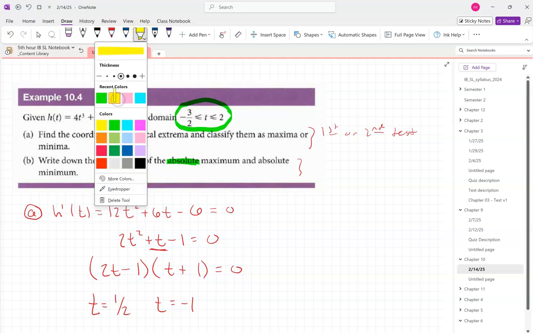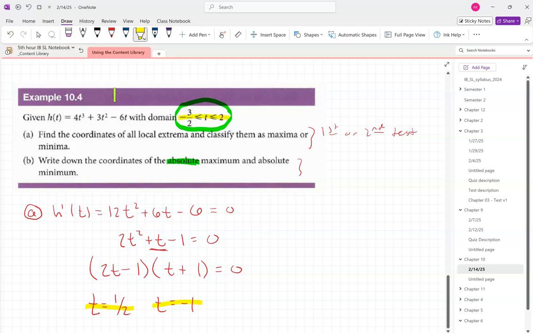Observe that both of those are contained inside the interval for the function, right? That closed interval contains both of my numbers here. If that was not the case, I would probably think that I had made a mistake in my solving.